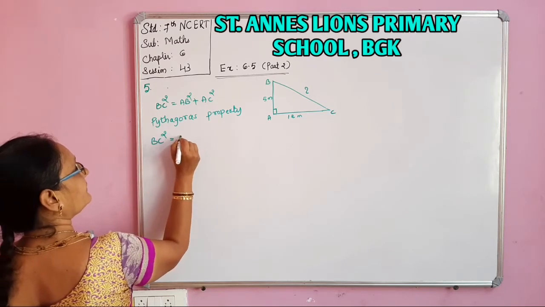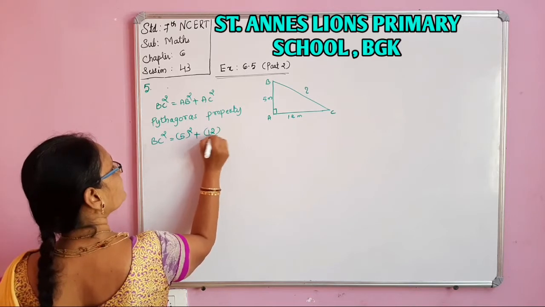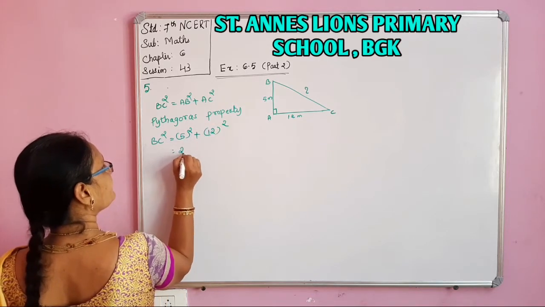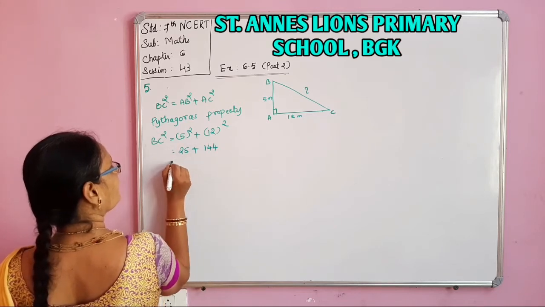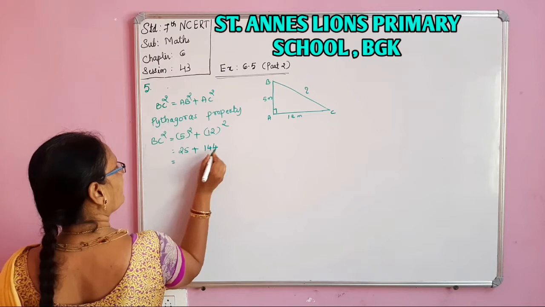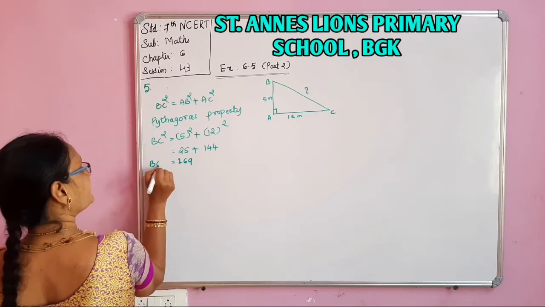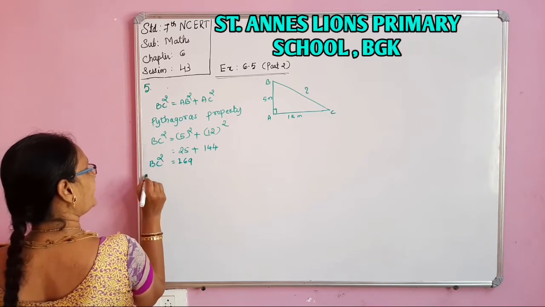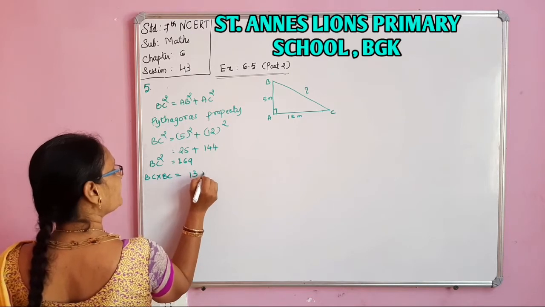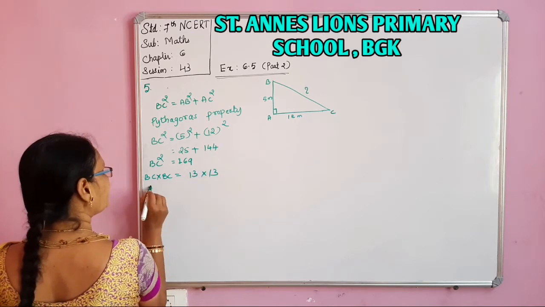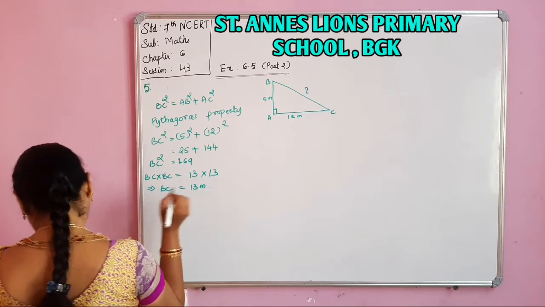AB square is 5 square plus 12 square. This is 25 plus 144, which is nothing but 169. That is, BC square is equal to 169. BC square means BC into BC, which is nothing but 13 into 13. This implies that BC is equal to 13 meter.